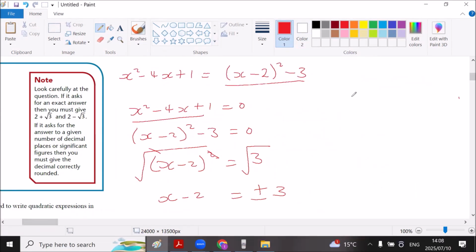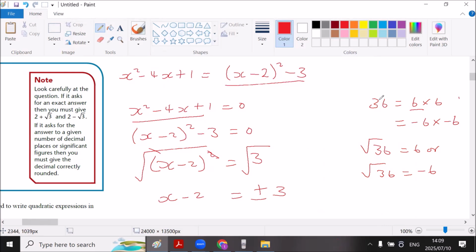Why plus or minus? If we have a square number, let's say 36, we can say 36 is equal to 6 times 6, or 36 is equal to minus 6 times minus 6. So square root of 36 is either 6 or minus 6, since negative times negative will give a positive.